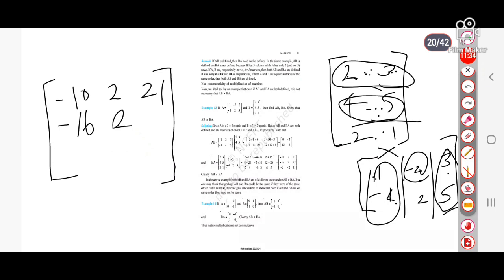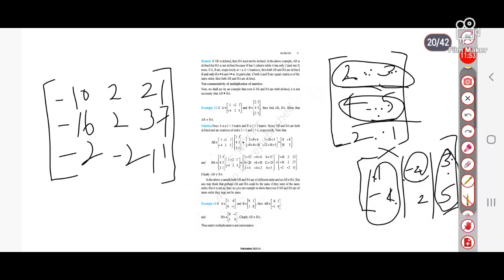I'm sorry, this is 2, and 4 threes are 12 plus 25, around 37, and this gives minus 2 and 11. So it is general multiplication and adding the terms, but the major problem that arises is the position of the elements, as in the result which we put over here.